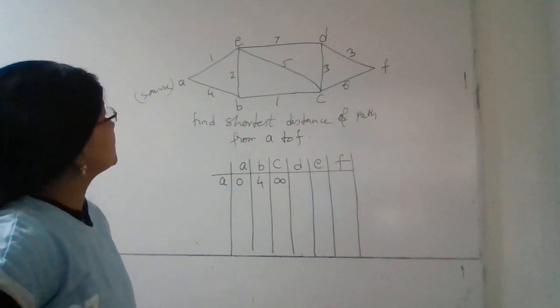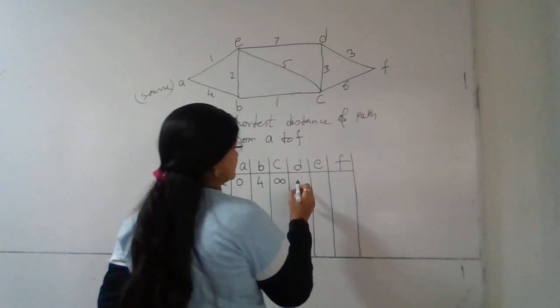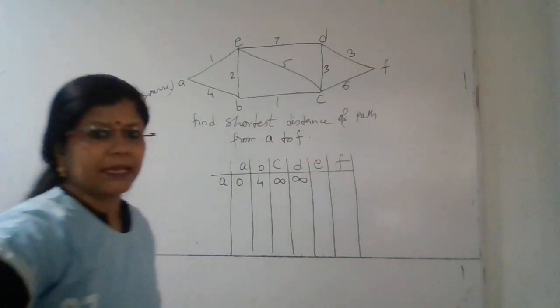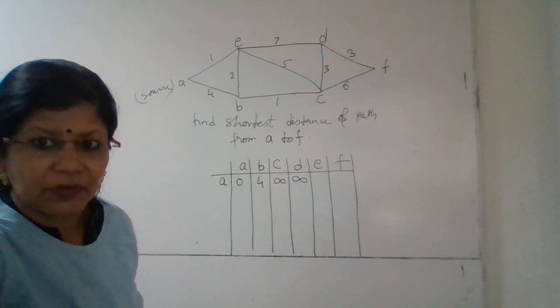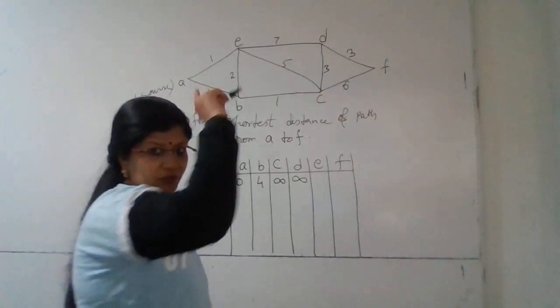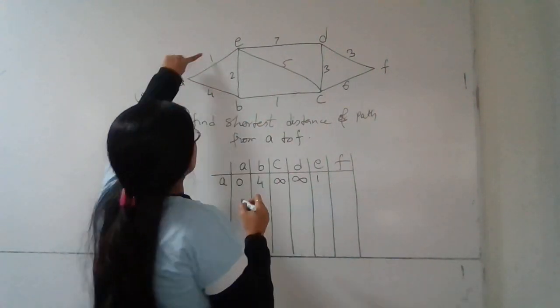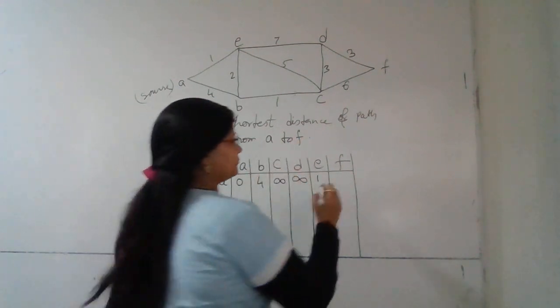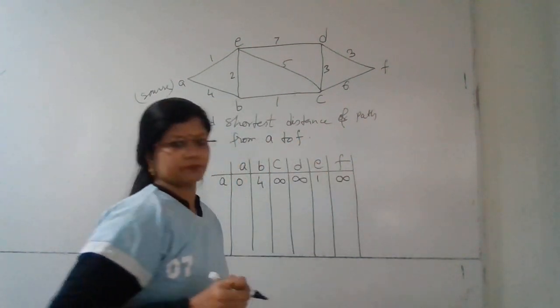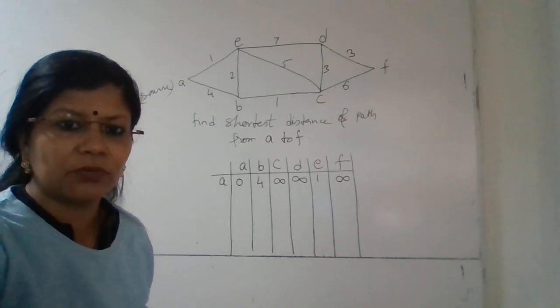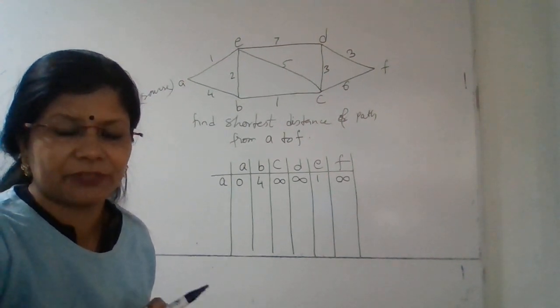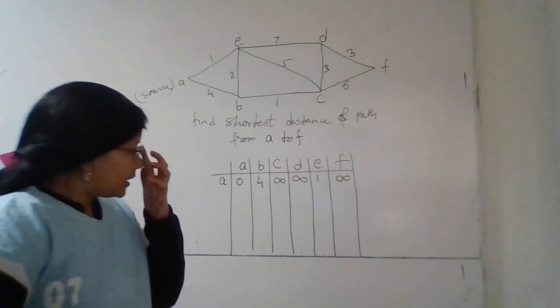A to D infinite. A to E both are adjacent vertices, so the value is 1. A to F infinite. This is the distance from A to A, B, C, D, E, F initially.